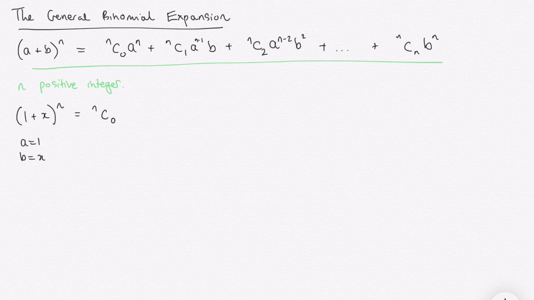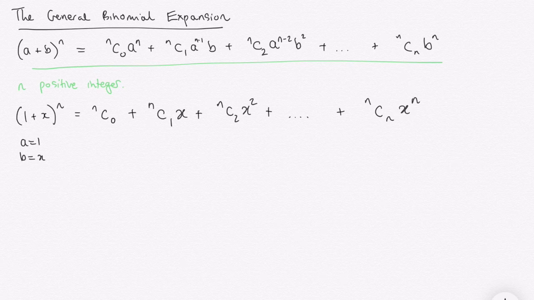So a to the power of n is 1, plus n choose 1 x, plus n choose 2 x squared, all the way up to our final term of n choose n x to the power of n.